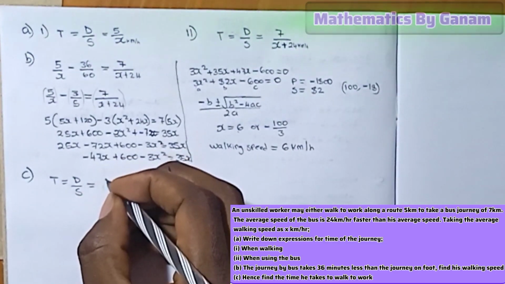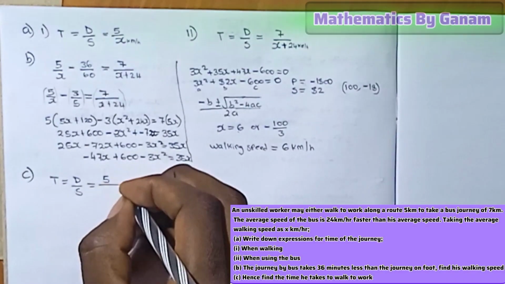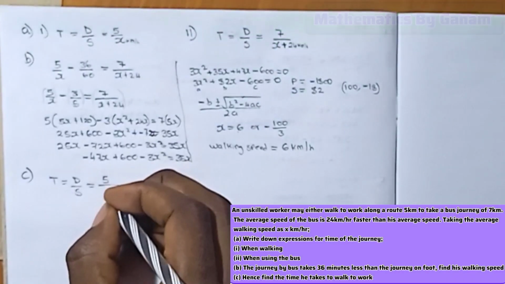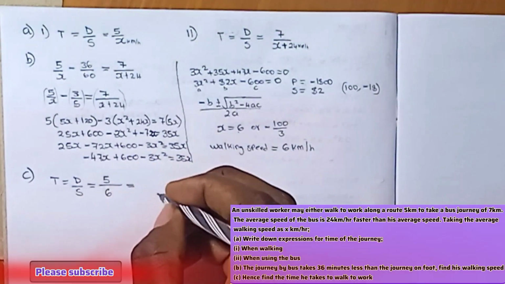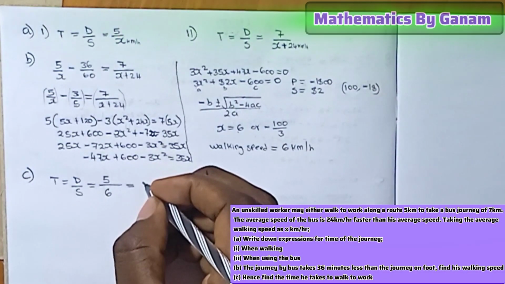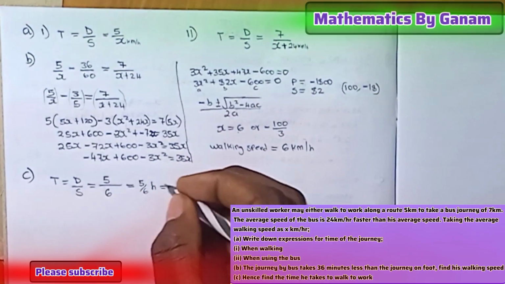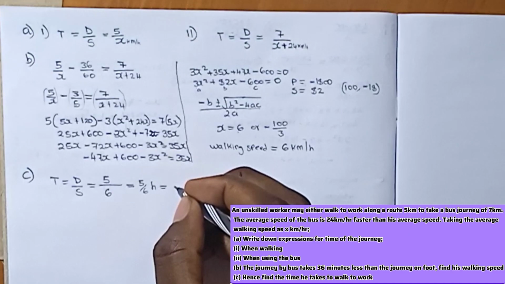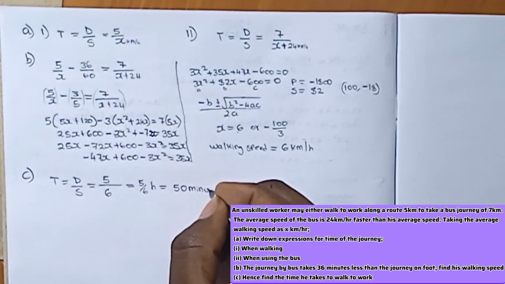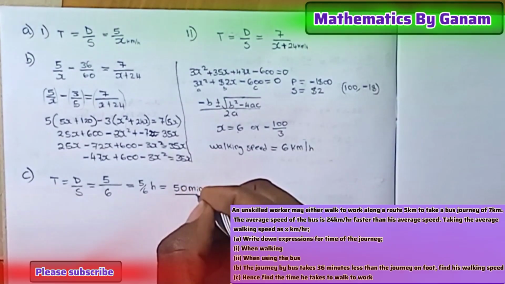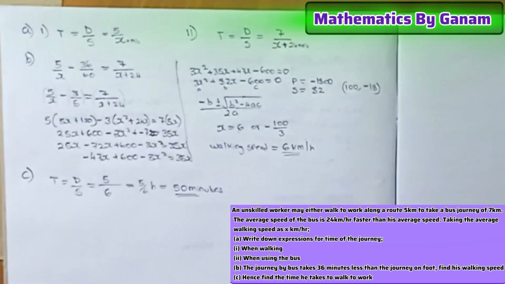The distance here while walking is 5 kilometers divided by 6 kilometers per hour, so is equal to 5 over 6 hour, which is the same as, when we multiply by 60, 50 minutes. That is the answer.